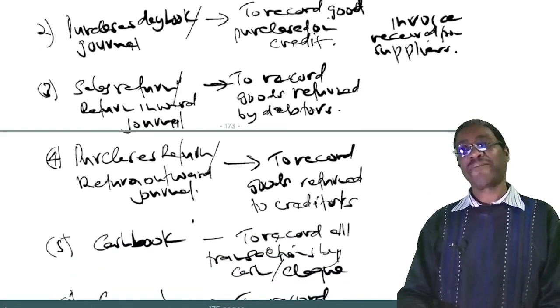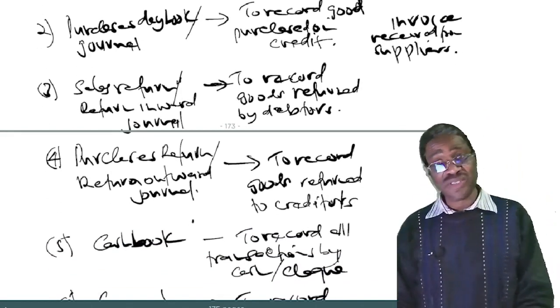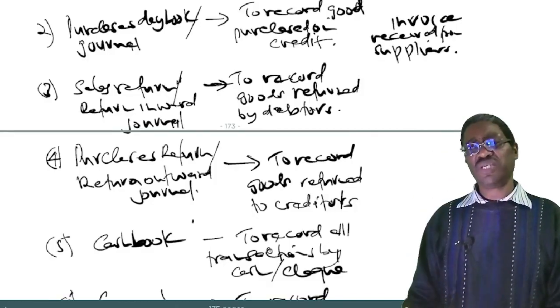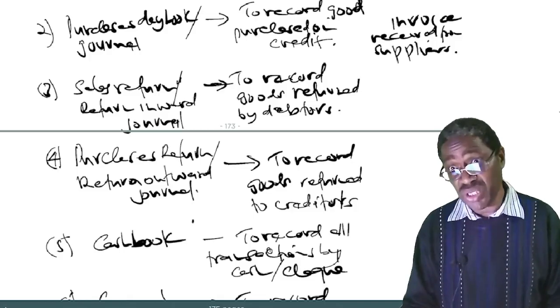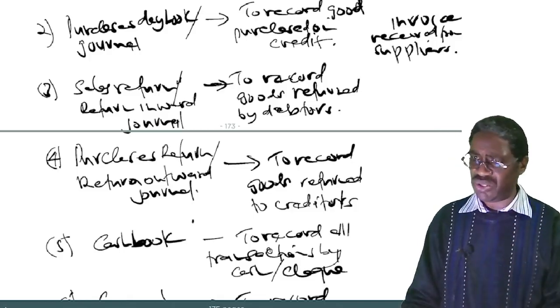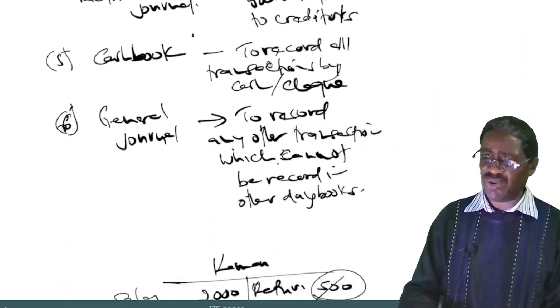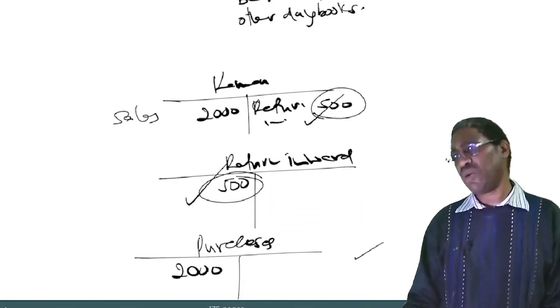Okay? Good. Next. Now listen again. The third book is what we were calling the sales return day book, or the return invoice day book. Listen, I take you down here. I told you, I sold goods to Kamau.